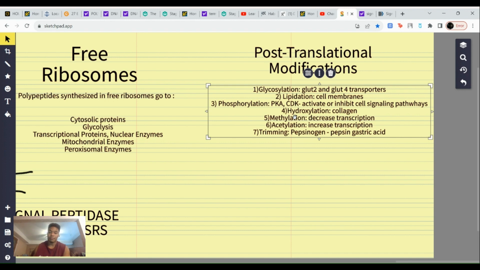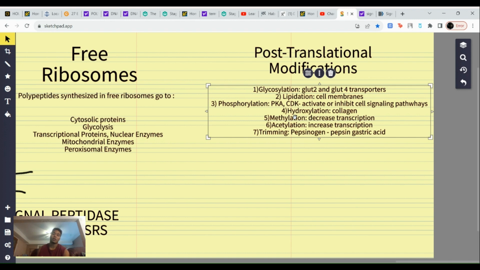Part of that entails marking it essentially, and you can mark it with these different molecules, and that shows the polypeptide where to go and when to be activated. It's a really intricate system, but it can set it up to be activated. There are countless examples, so if you look up any of these terms, you'll see a large amount of applications for these various post-translational modifications.